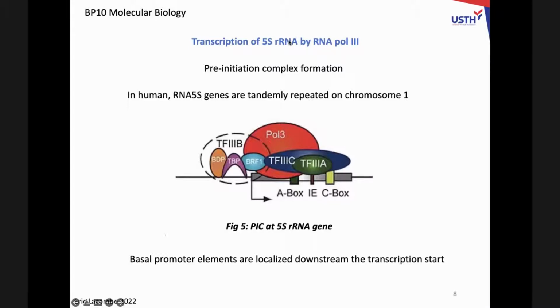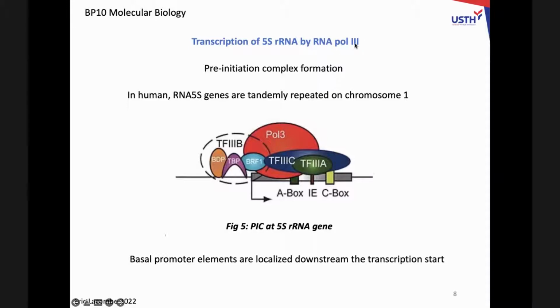For the ribosome, you've got four RNAs: the 28S, the 18S, and the 5.8S, those three are transcribed by Pol 1, and the last one, the 5S, is transcribed by Pol 3. It is not the aim of the lecture to know which RNA is encoded by which polymerase, but I'm more interested in the complexes that are formed on the promoter.